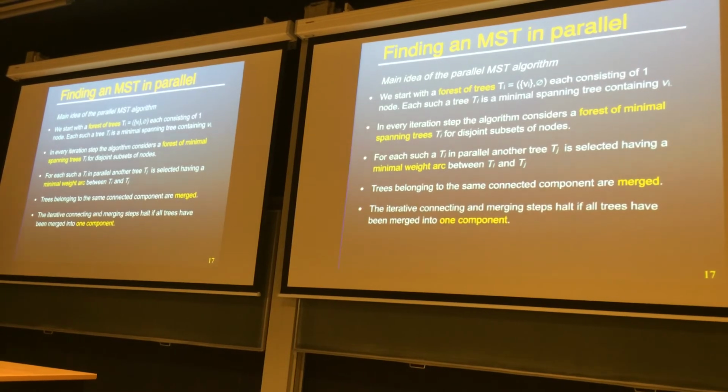You do that in an iterative way. And finally, out of all these n initial forests or components, one component will appear. That one component is a minimum spanning tree of all the nodes of the original graph.